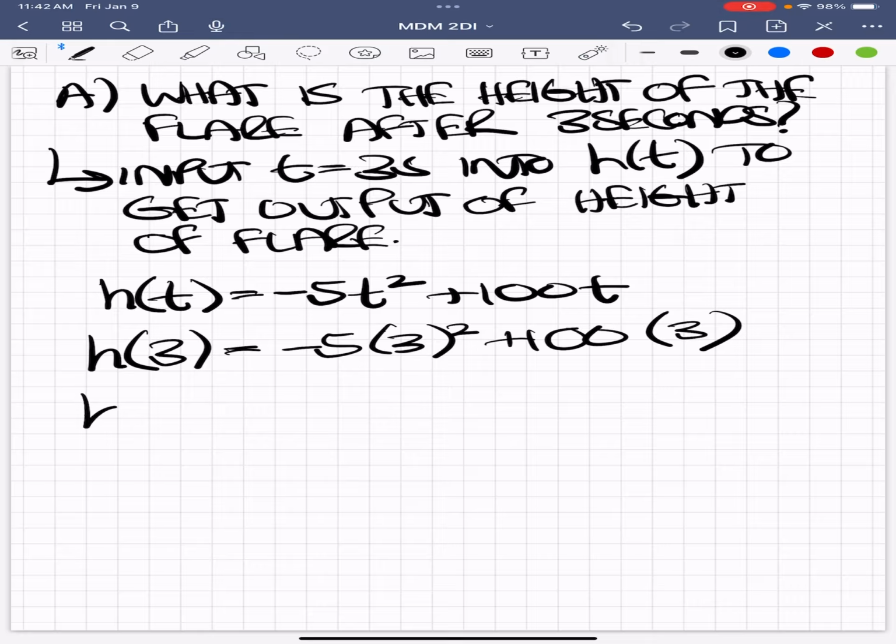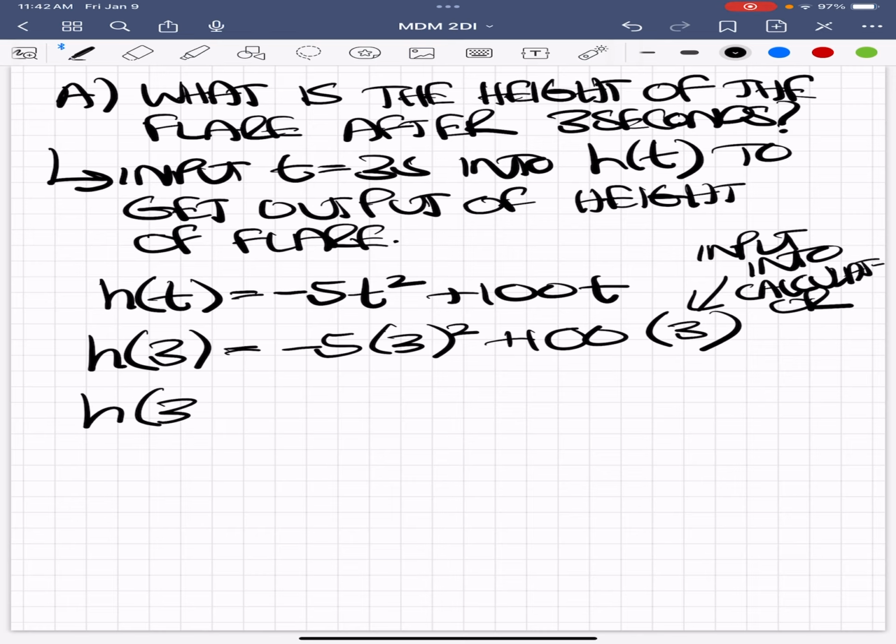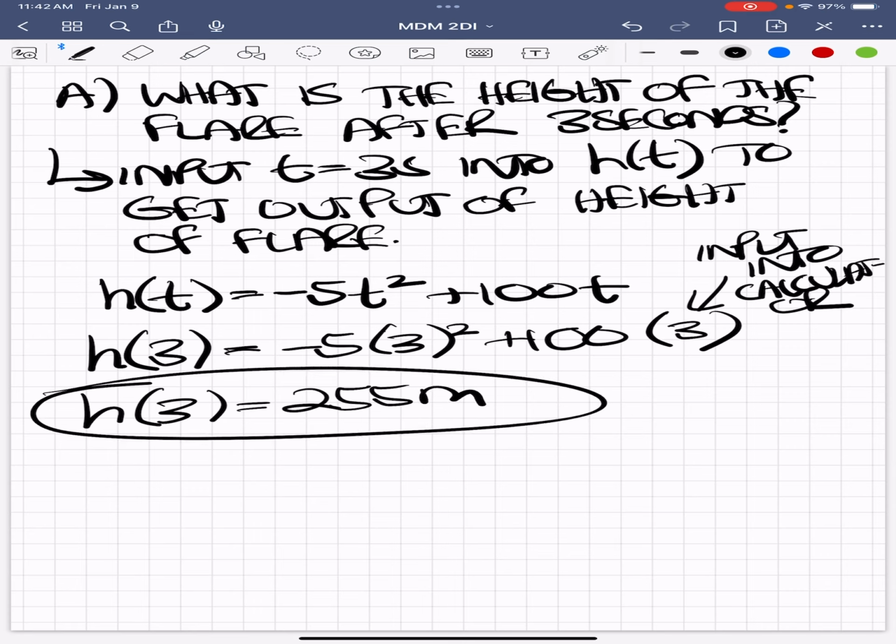And then we input that into our calculator. And then we get h of 3 equals 255 meters. And then we have our therefore statement.